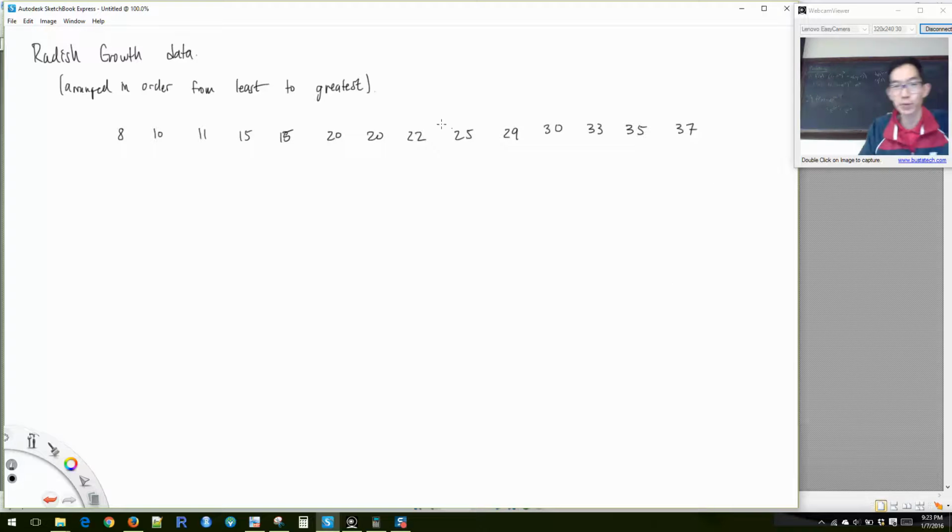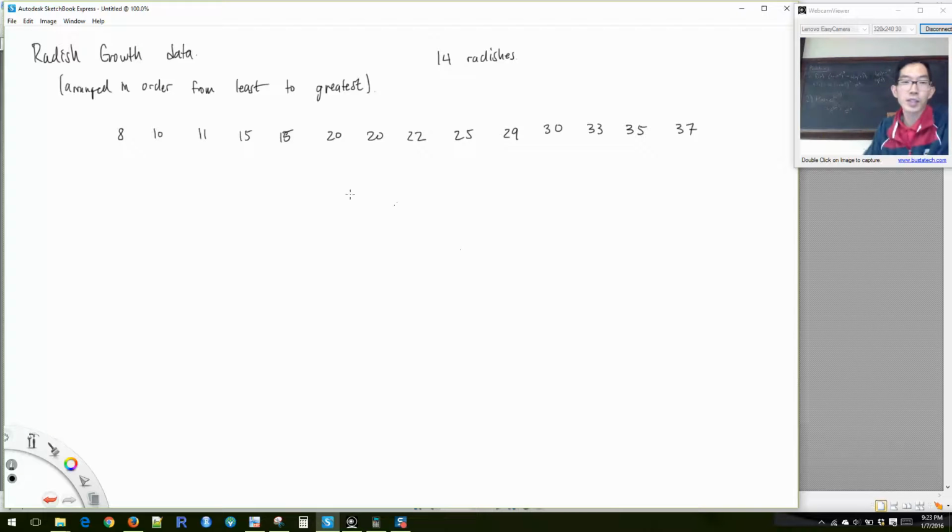Okay, so we have 14 radishes. This might not have been the data set I wanted.